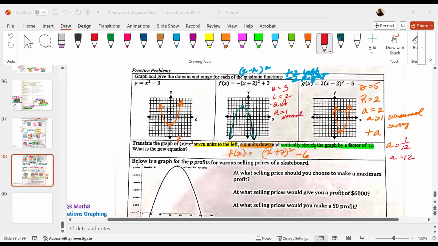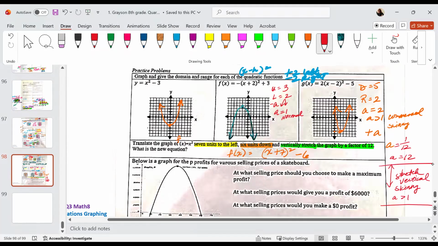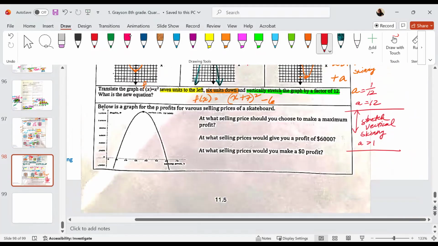So I want to make sure that you understand the difference here. Vertical stretch. Vertical is going this way, right? So this is a vertical stretch. What it means is that it's skinny. So a is greater than 1, right? Now, you want to be careful if it says horizontal. Horizontal is left and right, right?